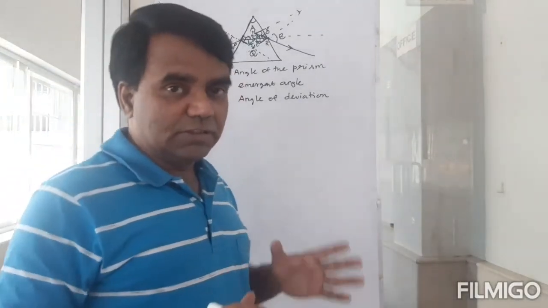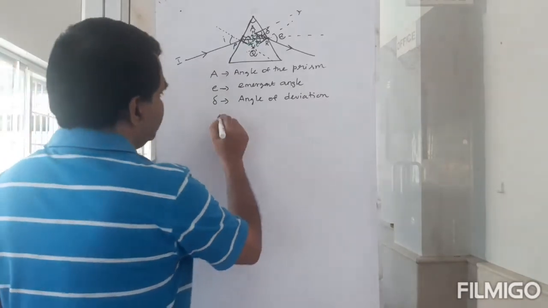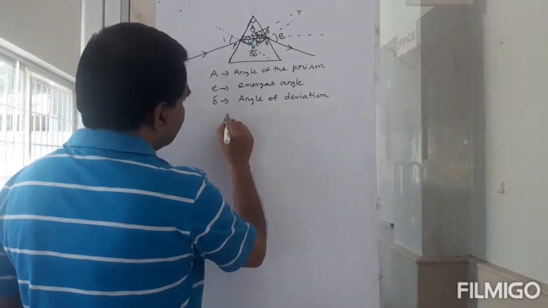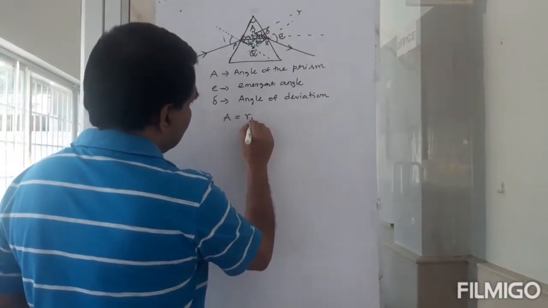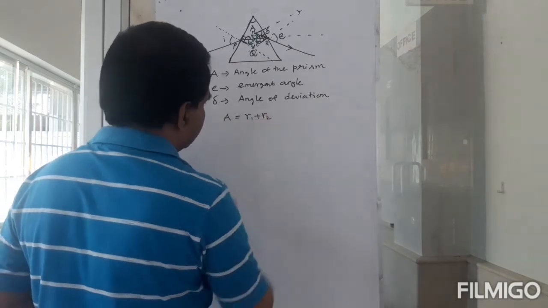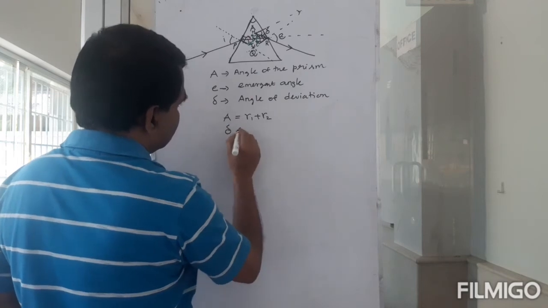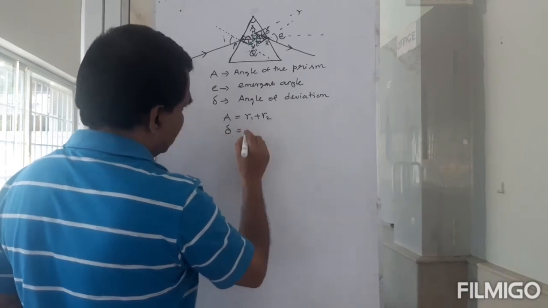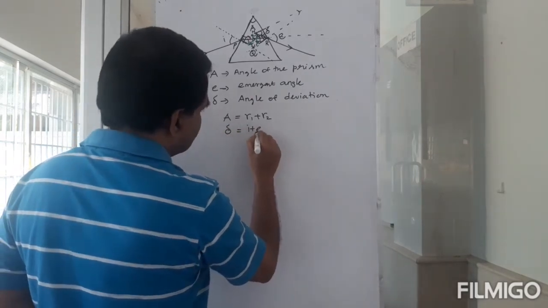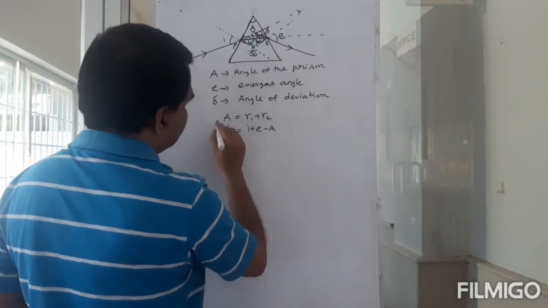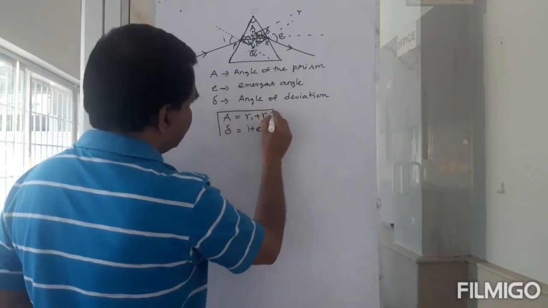So the conclusions are these. One, A is equal to R1 plus R2, and delta, the angle of deviation, is equal to I plus E minus A. These are the two things that we figured out.